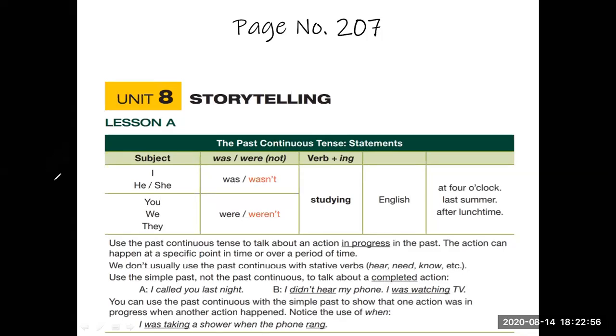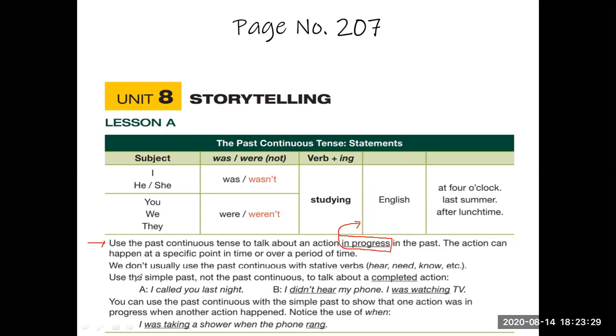When you use the past continuous tense, this is the first rule that we have here. Use the past continuous tense to talk about an action in progress in the past. Imagine that somebody is asking you about 7 p.m. yesterday. What were you doing at 7 p.m.? Well, I was watching TV. So the action in progress at that time was that you were watching TV.